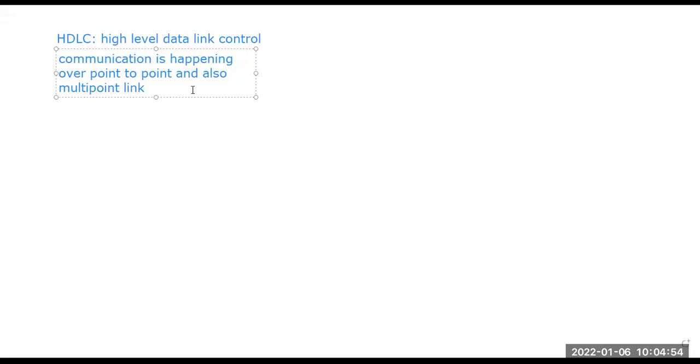This bit-oriented protocol is the idea behind HDLC, right?